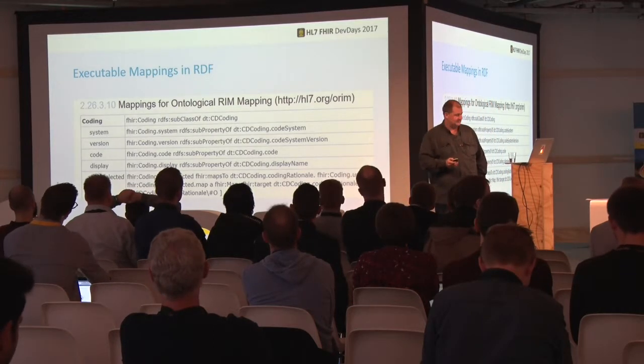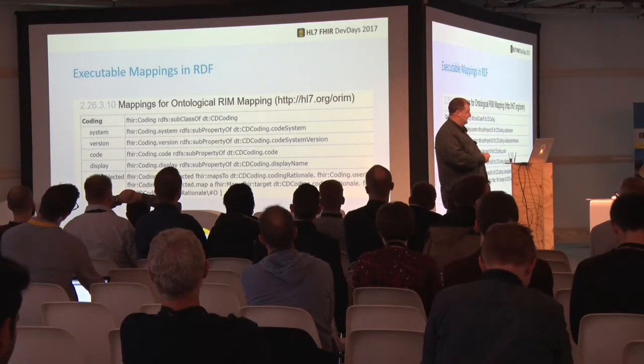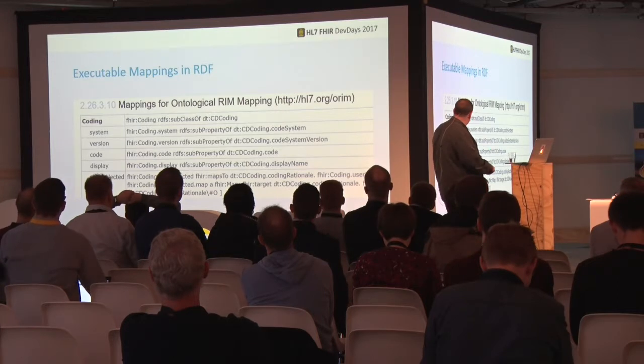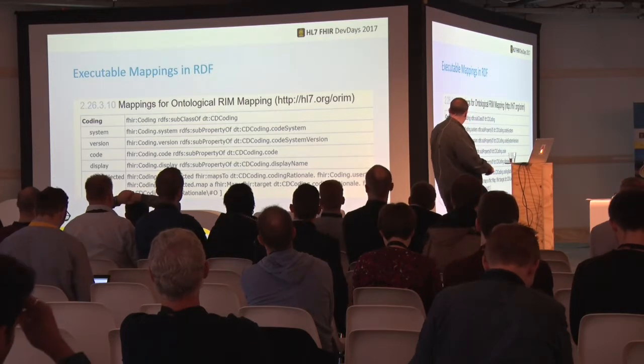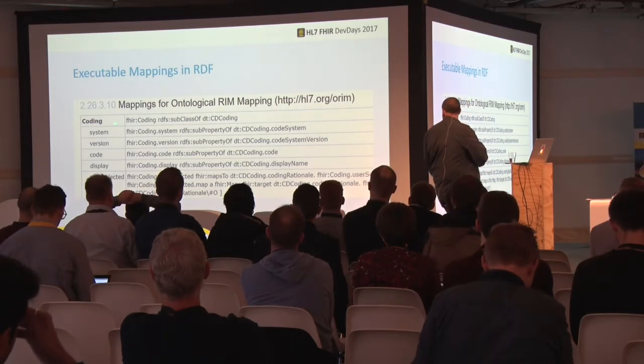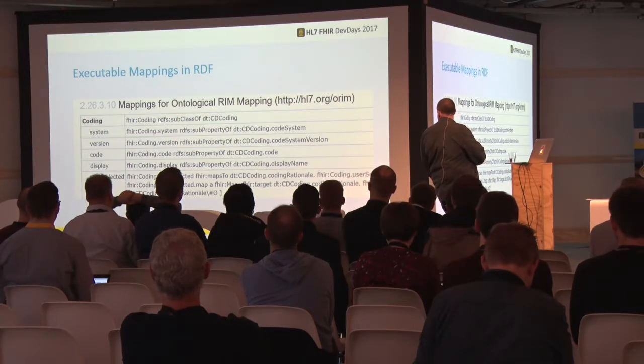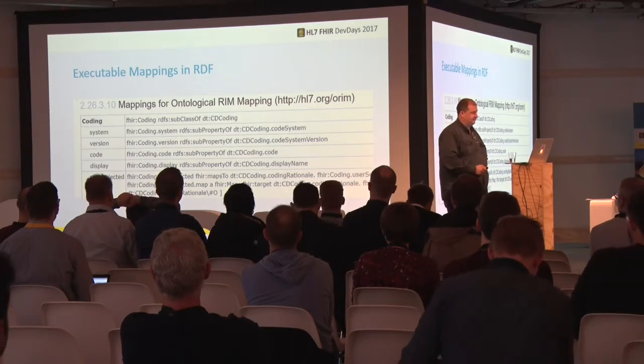We have got some executable mappings in one place. We've actually specified using RDF assertions of equivalence, the mapping between a FHIR coding and a RIM coding, a RIM CD.